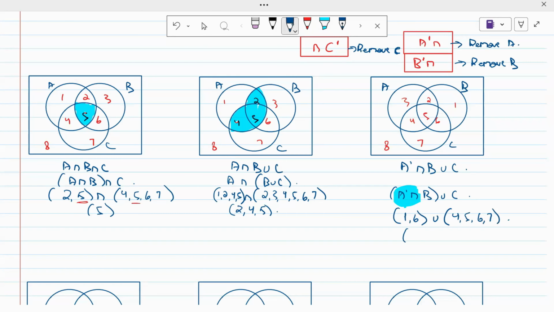Finally, their combined answer would be 1, 4, 5, 6, 7. We have to shade these: 1, 4, 5, 6, 7.